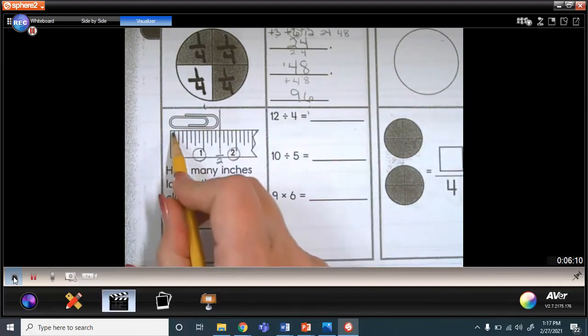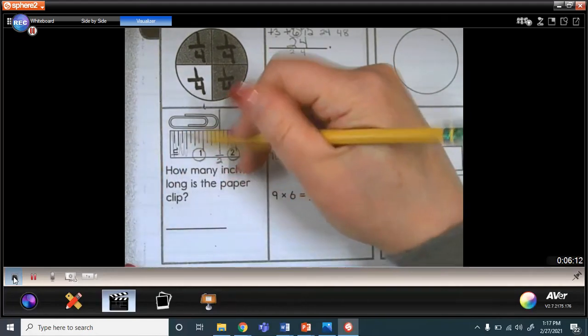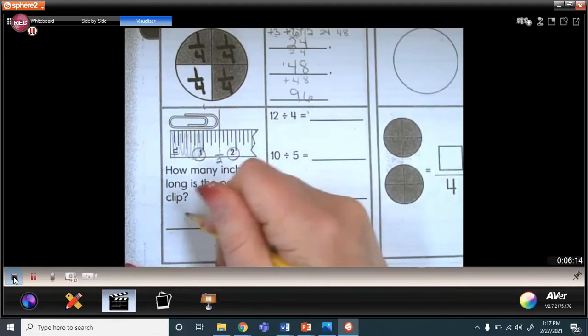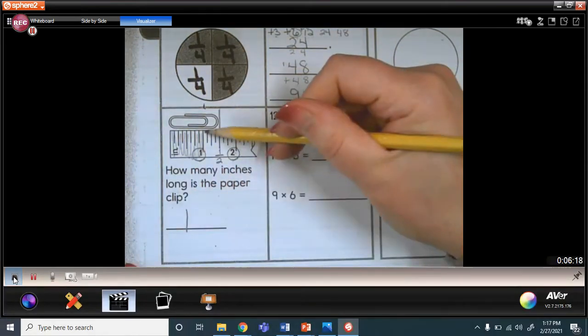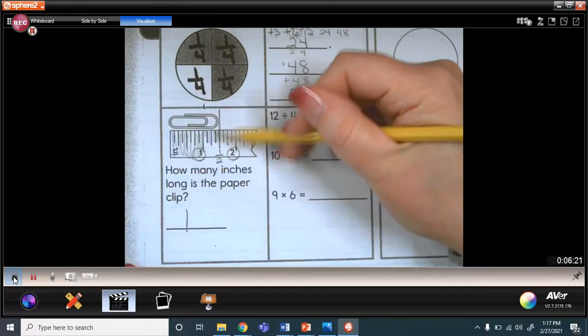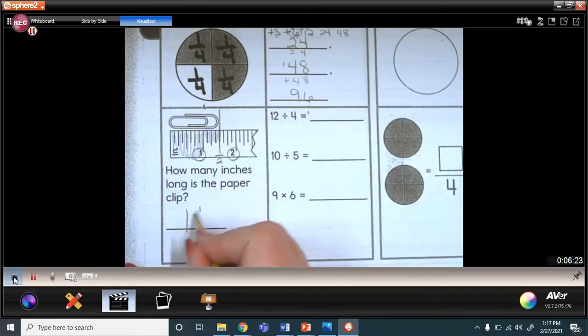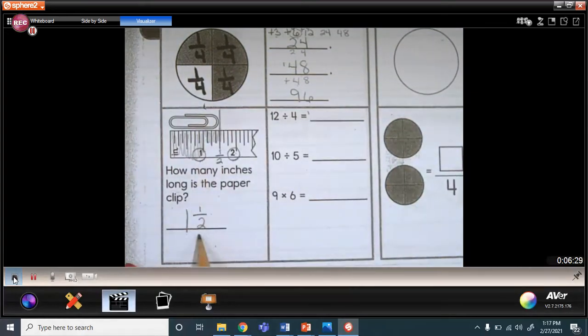So we have 1 full inch, which we're going to write here, and we have half of another inch. So when we write this, we are going to say 1 and a half inches. 1.5 inches long. So the paper clip is 1.5 inches long.